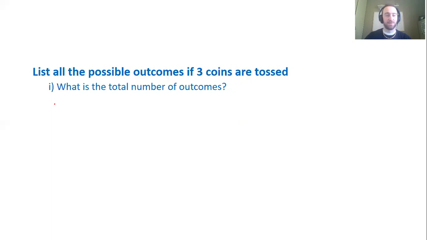So for a tree diagram, in this question, we're asking if 3 coins are tossed. So we have our first coin, our second coin, and finally our third coin, right? So our first coin has 2 possible outcomes. It could either be a heads or a tails.